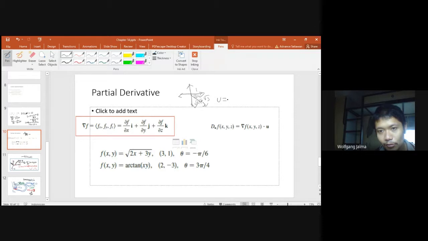So u is equal to what? 1, comma square root of 3. df is here equal to 2 over 2 square root of 2x plus 3y, comma, 3 over 2 square root of 2x plus 3y.